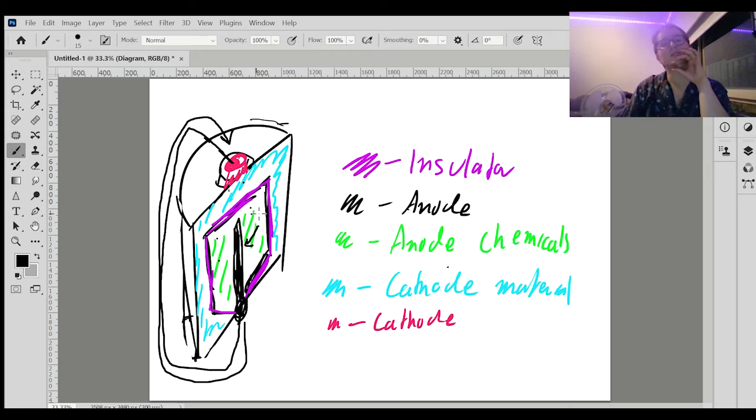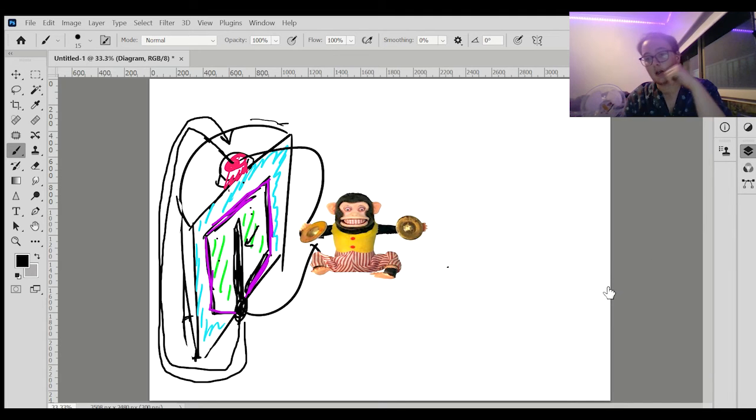Its real purpose is to keep them separate, but it allows ions to transfer through. It's almost like a different version of a salt bridge. It allows the completed circuit and for ions to pass through. It's very important for this and for all galvanic cells.